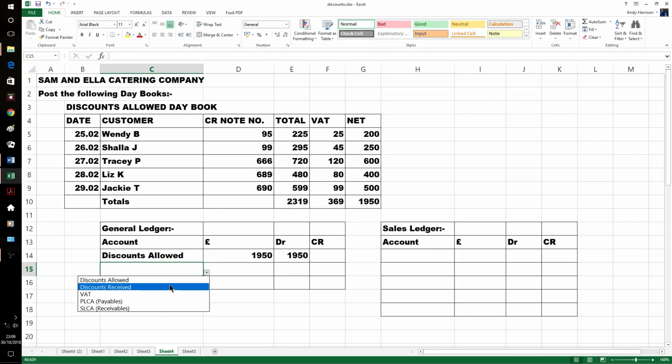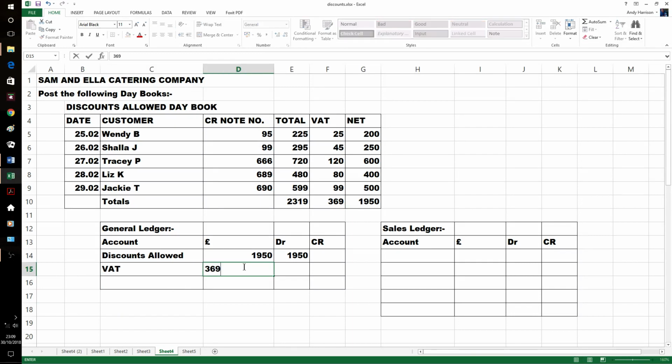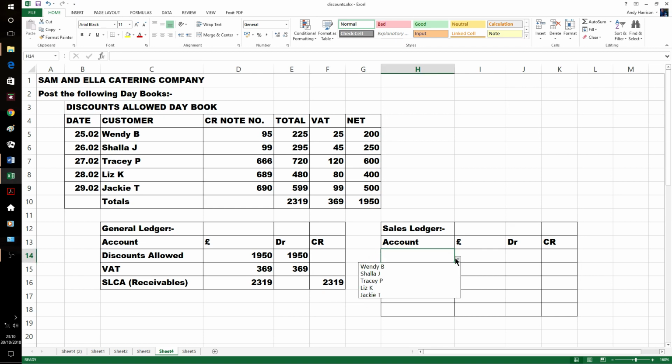So VAT goes with the discount allowed, and then into our sales ledger control account the total. And of course that will now balance debits and credits. No other postings needed.